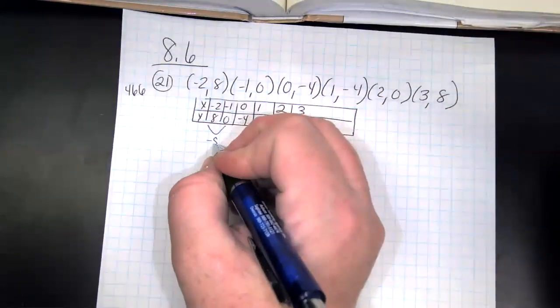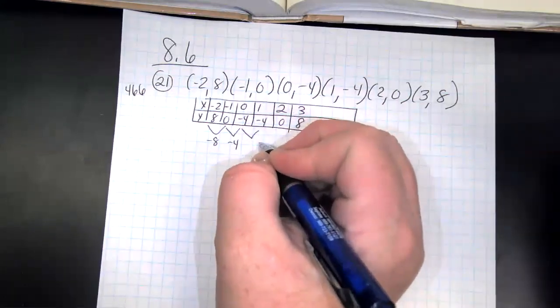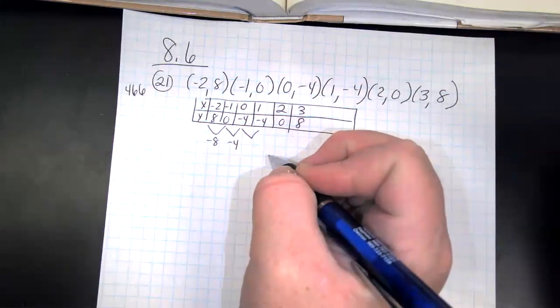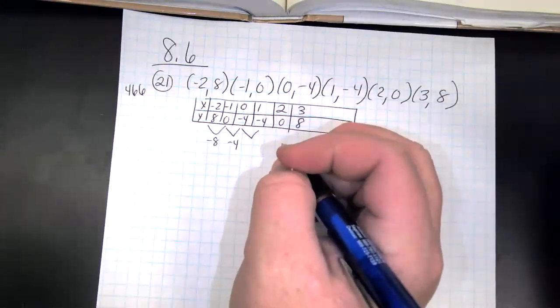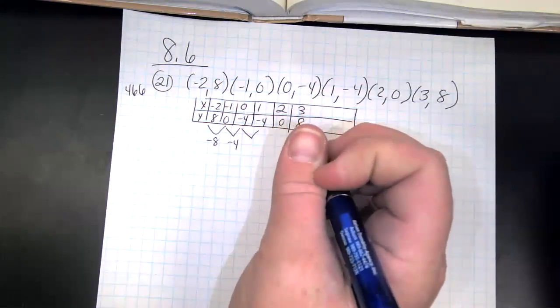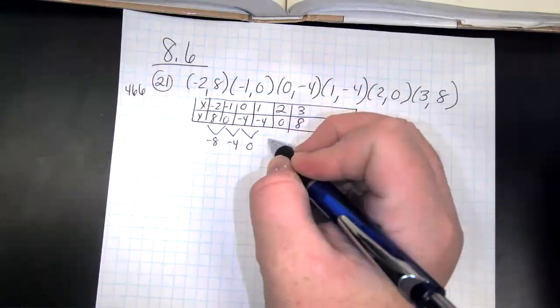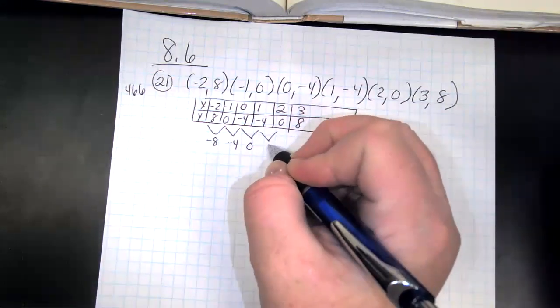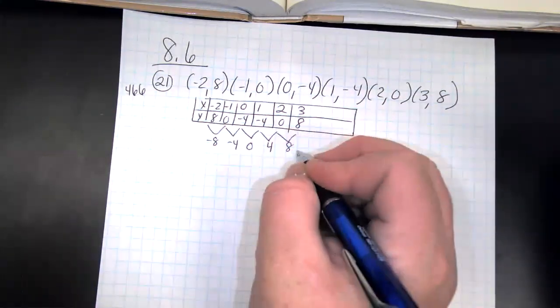So this would be down 8, down 4, down nothing, up 4, up 8.